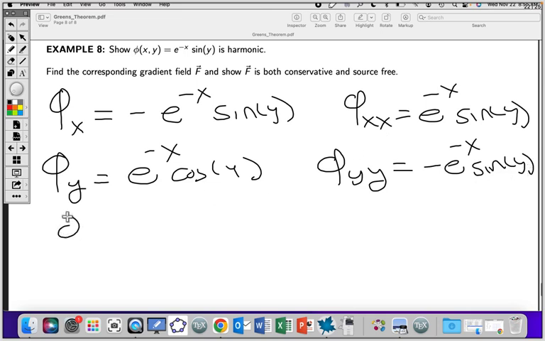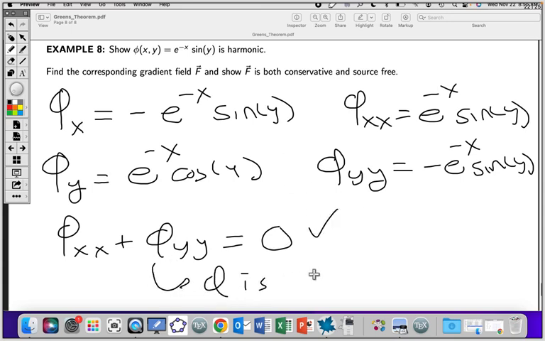And you can see right away that phi xx plus phi yy completely cancels out. So this shows that phi is harmonic.